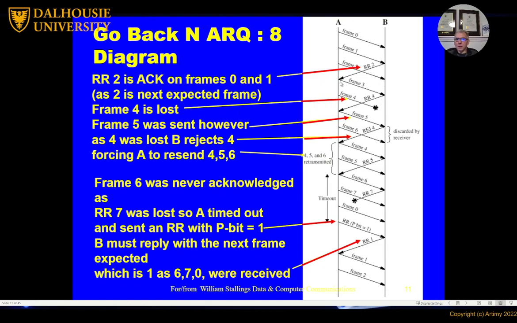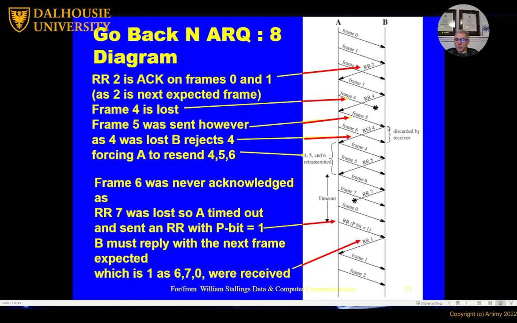You will see here continuous sending, as long as we are not exceeding the window size, A will keep sending frames. Here is an example of why we say it's go back N. Frame 4 is sent and is lost, never received by B. Frame 5 is sent also.